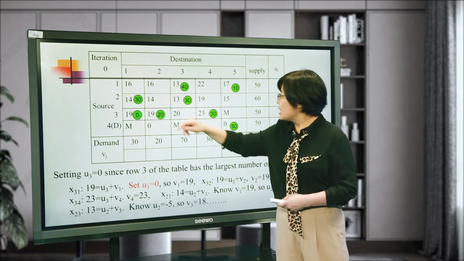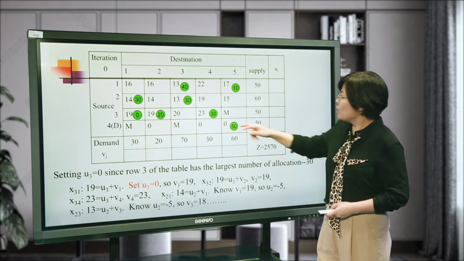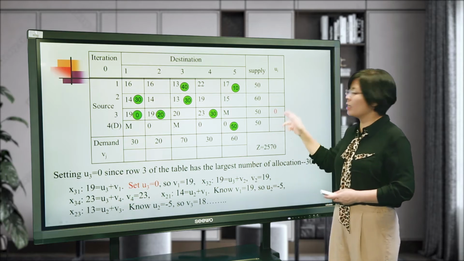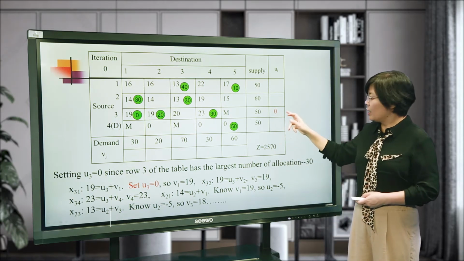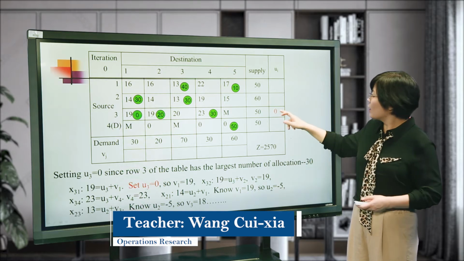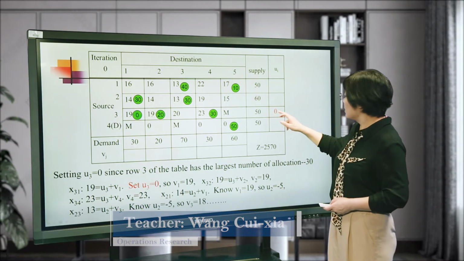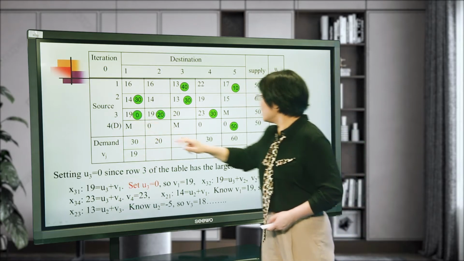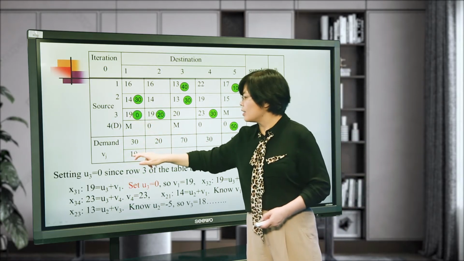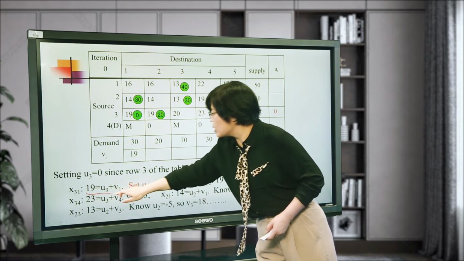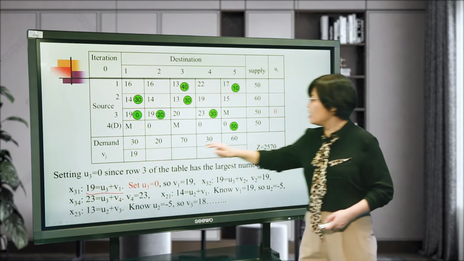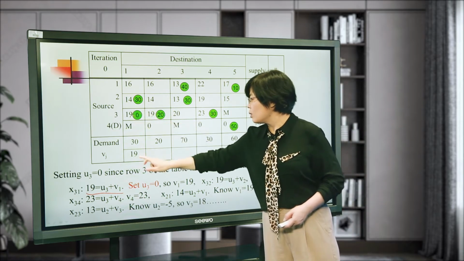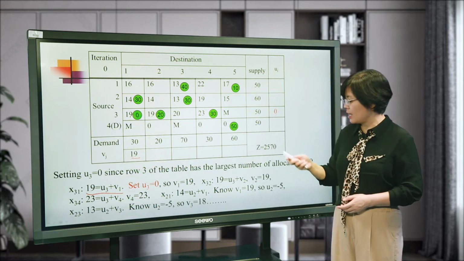We set U3 to be 0. Then you can see that here, 19 minus 0 is 19. Using this equation, U3 plus V1 is 19, so here V1 is 19.